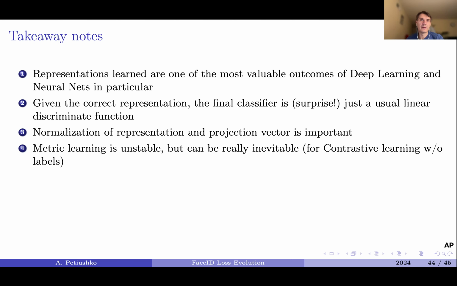Metric learning, although it's a very beautiful idea, quite nice and understandable, is not really stable. But probably it's inevitable, for example, for contrastive learning without labels. For example, when we do not have labels, we have a lot of works, not only in computer vision, where we have a lot of examples in the training dataset without any labels.